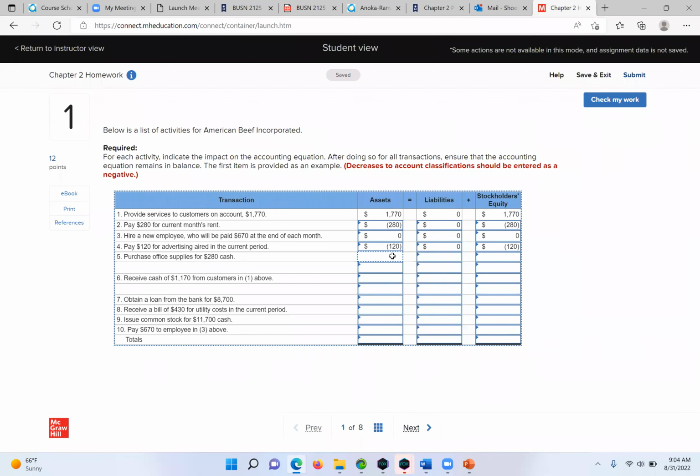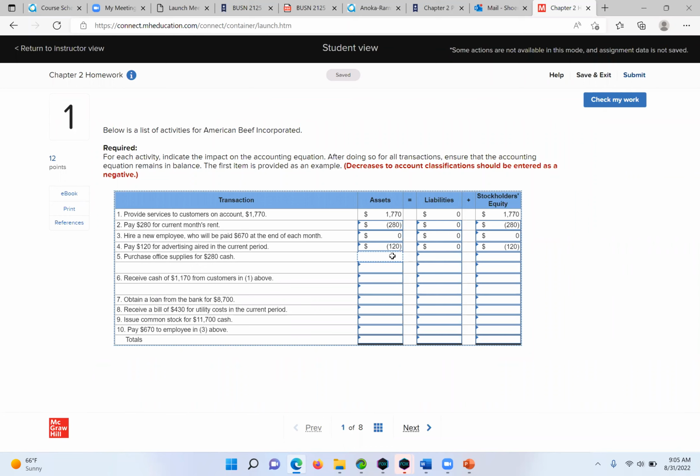Okay, number 5. Who wants to take number 5? Good. So we'll put 3,200 in assets because it affects the cash. And you're paying for supplies from cash, but you're also buying supplies. So supplies is part of assets.